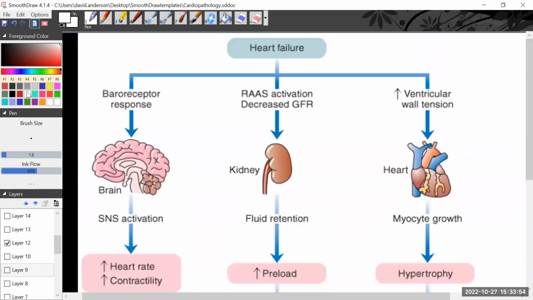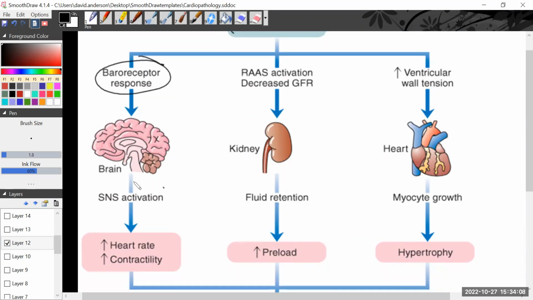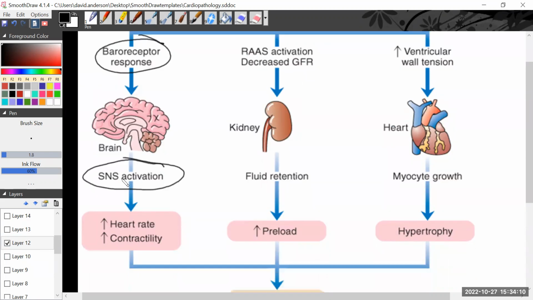In heart failure, we're going to see some compensation. So we're going to see baroreceptors that respond to the low blood pressure, with sympathetic activation designed to increase heart rate and increase contractility. That should help correct cardiac output. At the kidneys, we're going to promote fluid retention.